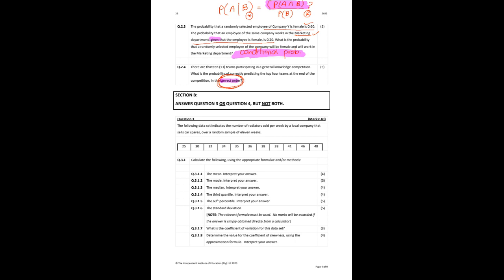At the end, they asked you what is the probability. So whatever answer you get here, please remember to convert it to a probability by saying 1 over that answer. And make sure again to stick to the percentage as a 2 decimal places answer.